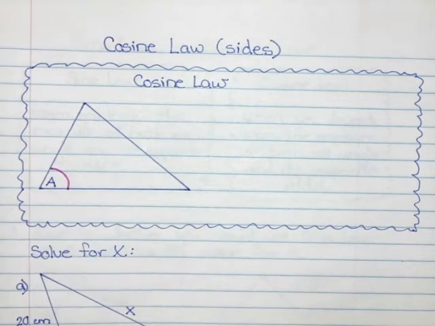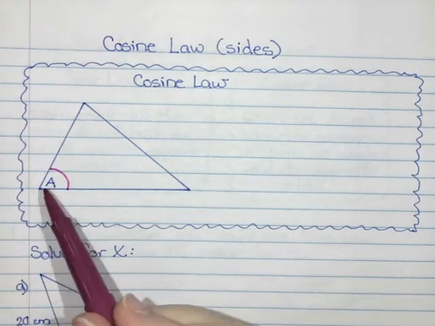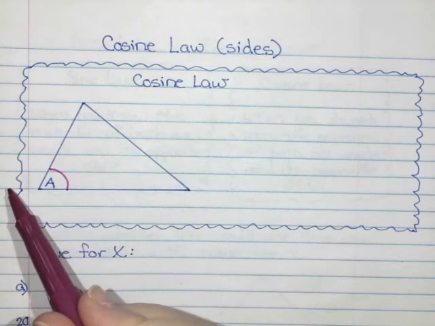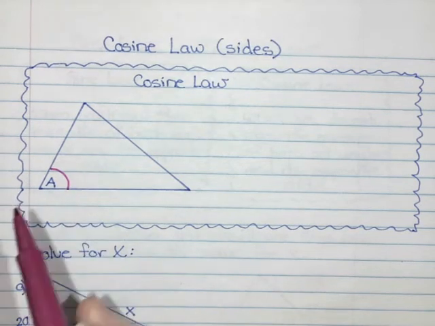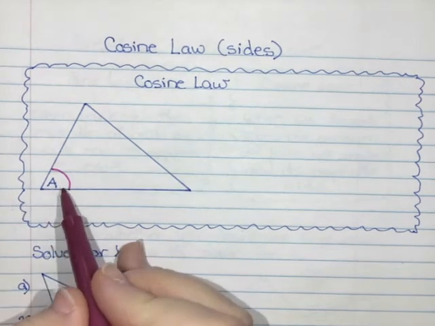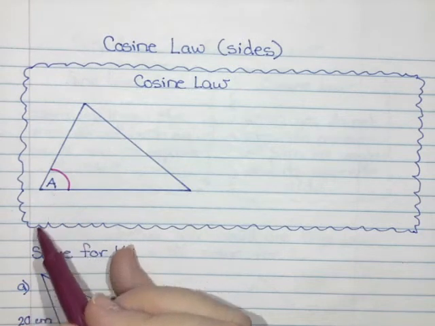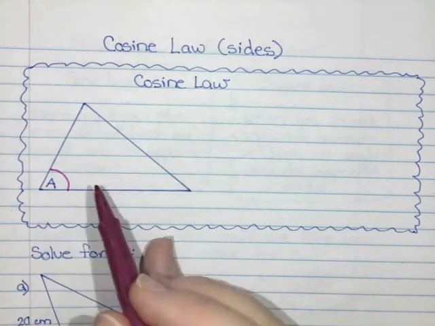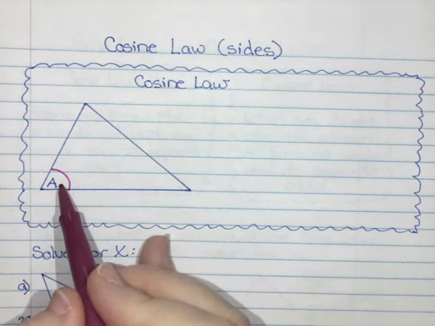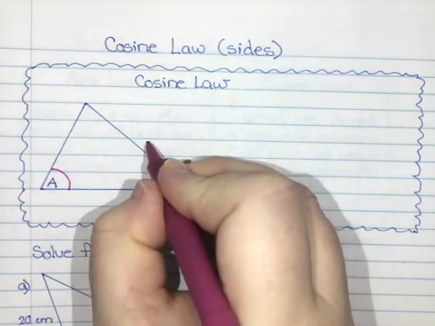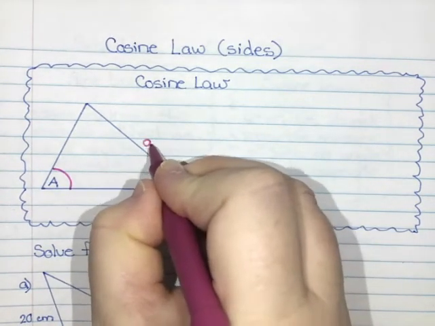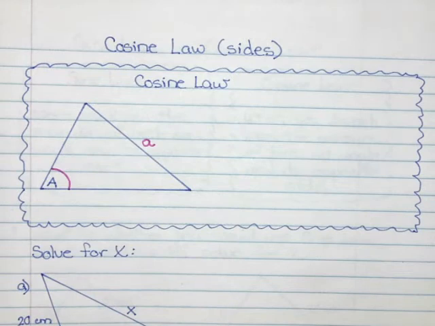So the key to using sine law and cosine law is we're always going to label our angle A. So if this is angle A, we're not labeling this time with hypotenuse or opposite or adjacent. We're just using letters A, B, and C. So across from angle A, you would find side A. So we're going to use a lowercase a to show that that's a side.